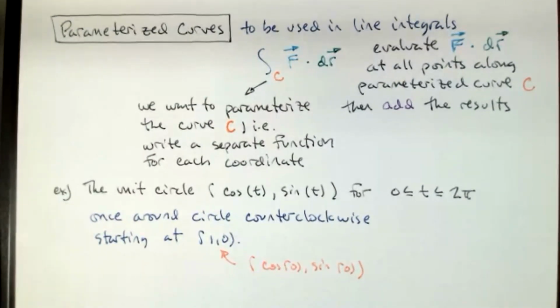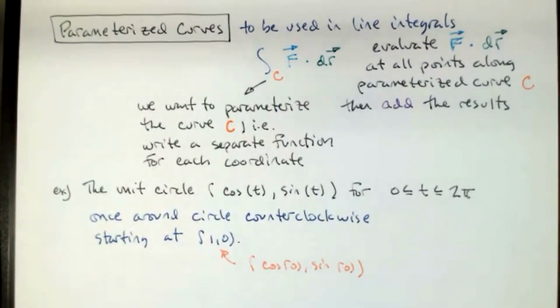We just evaluate the coordinates at the starting value of t. Counterclockwise, because that's the positive direction. That's why x is cosine t and y is sine t.